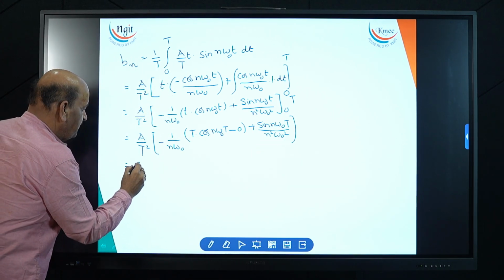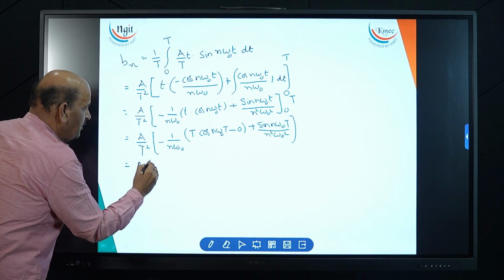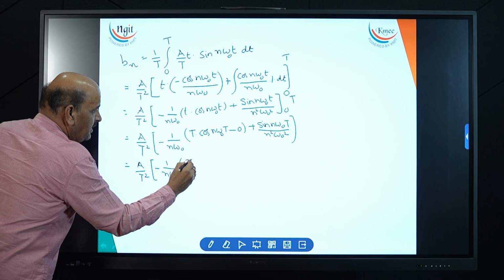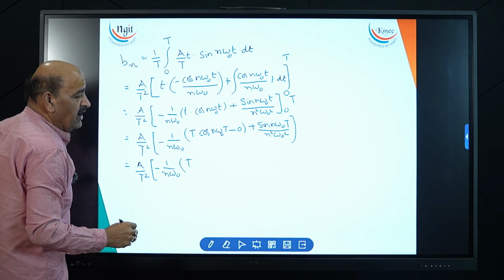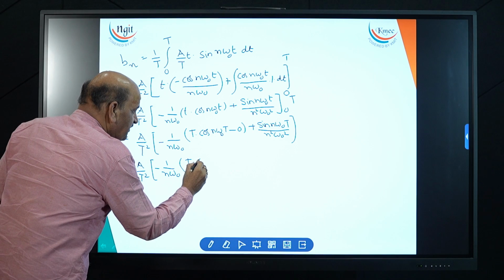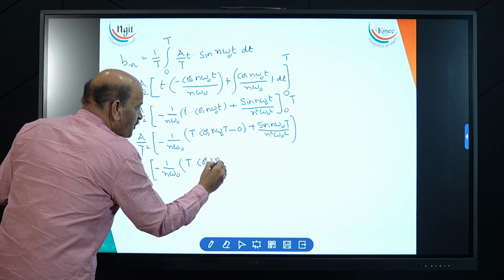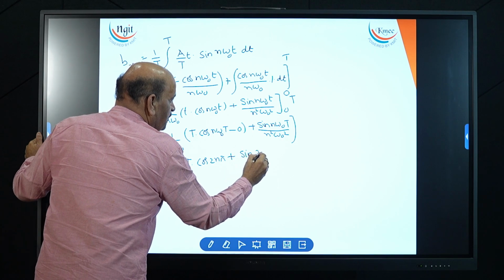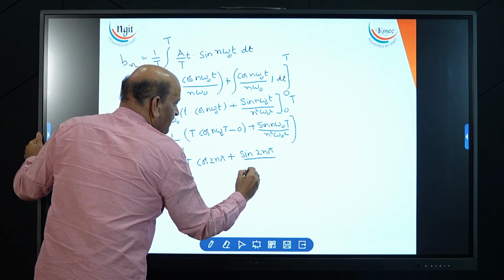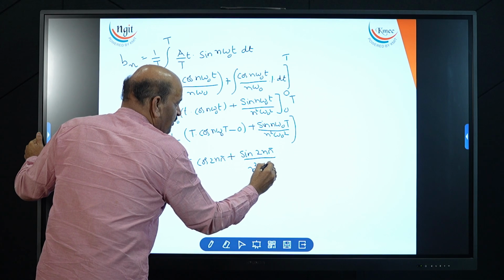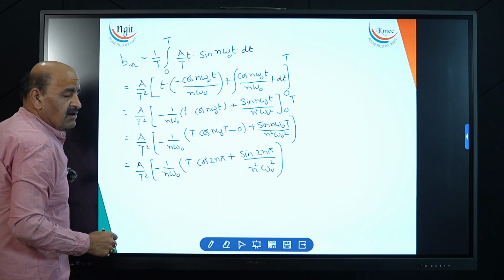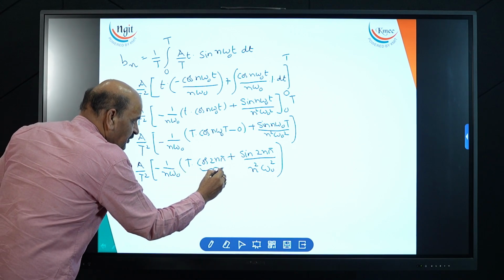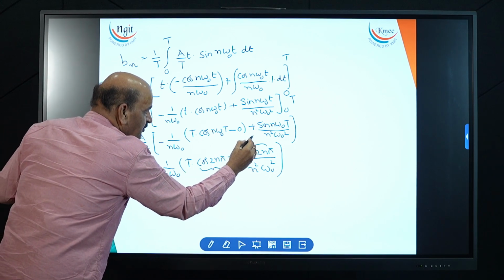Now this becomes A by T square, minus 1 by n omega naught T, substituting omega naught equal to 2 pi by T. This will become cos 2n pi plus sin 2n pi by n square omega naught square. We know that cos 2n pi equal to 1, sin 2n pi equal to 0. So this is equal to 1, this part is equal to 0.